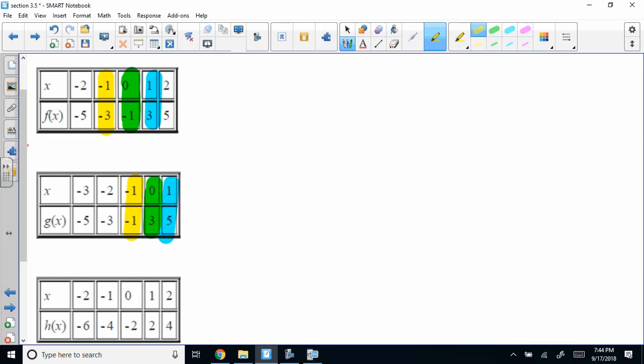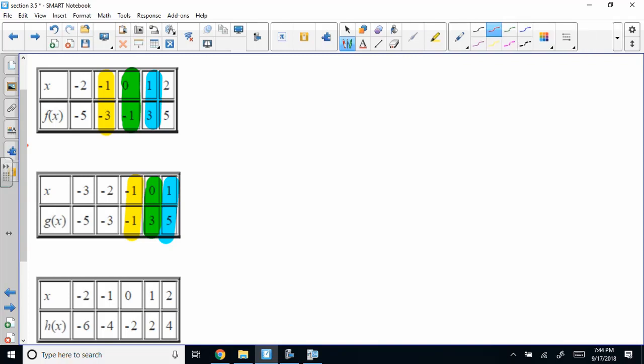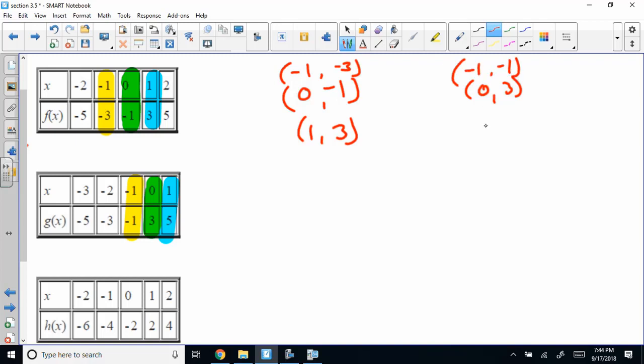So what happened with g of x compared to f of x? What do you think? 0 became 3, right? So it went up by, well, let's see. So this one only went up by 2, right?